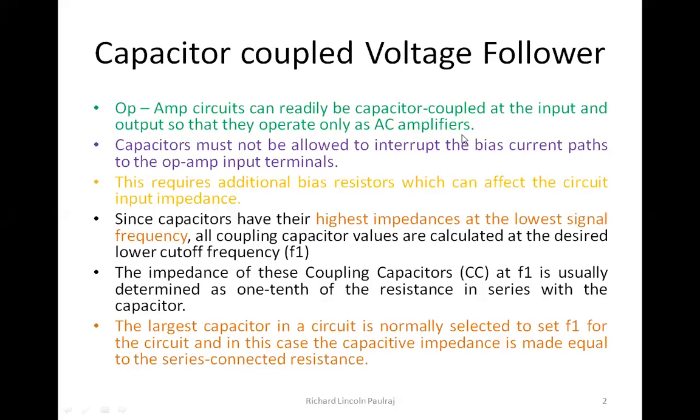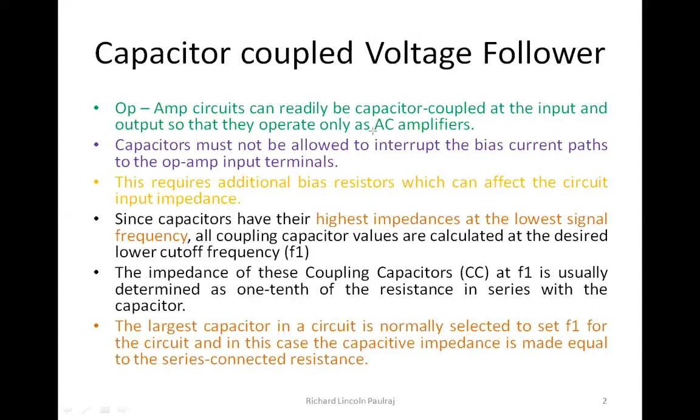I will be using the term CC as the short form for capacitor coupled. Many times we'll be looking into this term CC. It can readily be capacitor coupled at the input and output so that they operate as AC amplifiers.